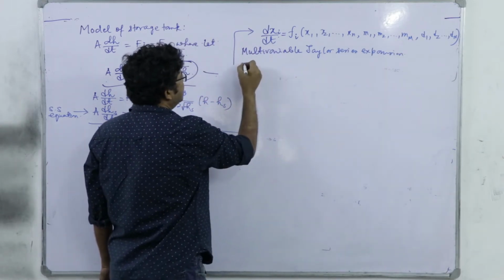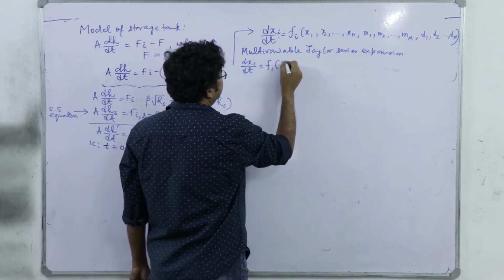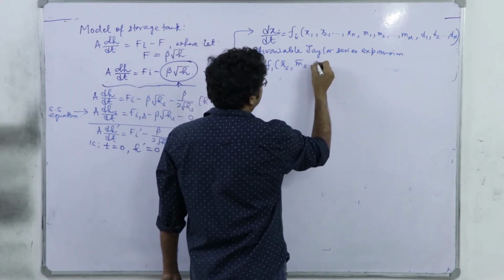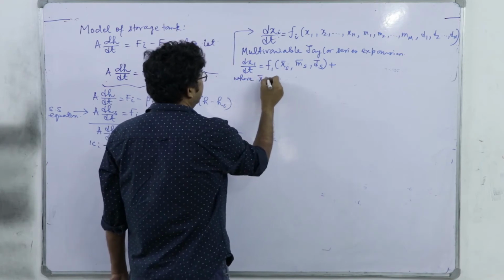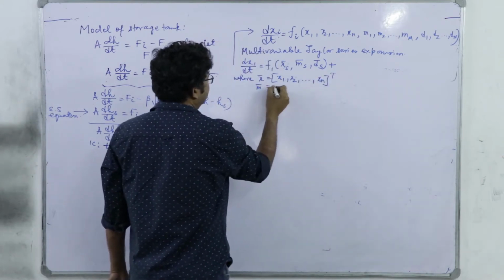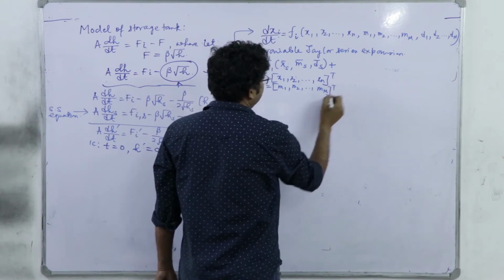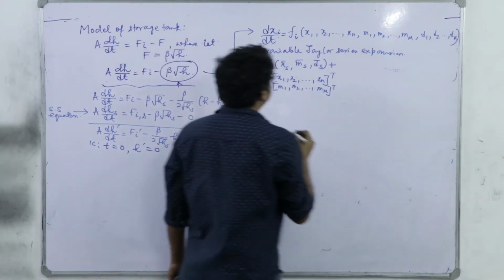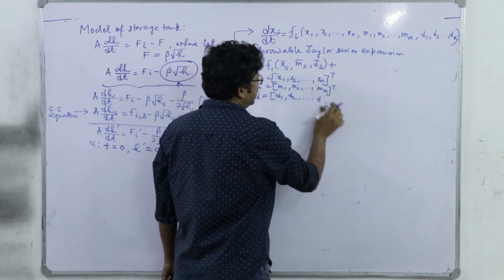We can write dx1/dt is equal to f1 at x bar s, m bar s, d bar s, plus other terms, where x bar is equal to x1, x2, xn transpose, m bar is equal to m1, m2, mm transpose, and d bar is equal to d1, d2, dk transpose.